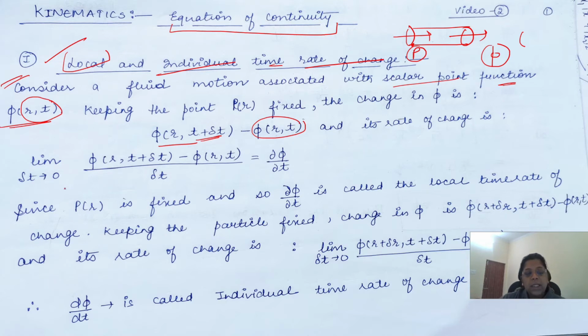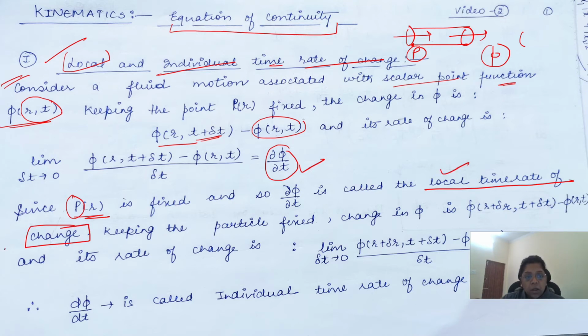So limit delta t tends to 0 of phi(r, t plus delta t) minus phi(r, t) over delta t can be written as del phi by del t. This is the rate of change. Since the position is fixed, del phi by del t is called the local time rate of change.